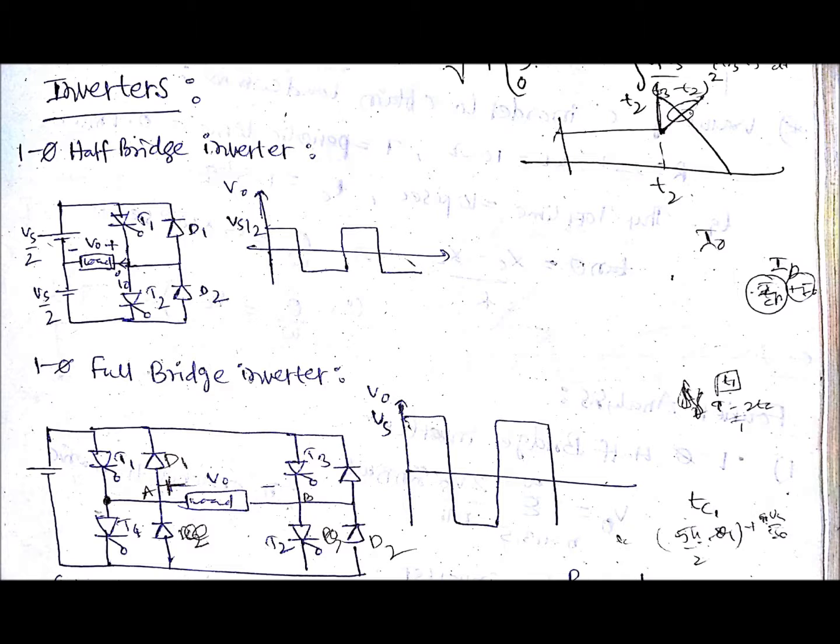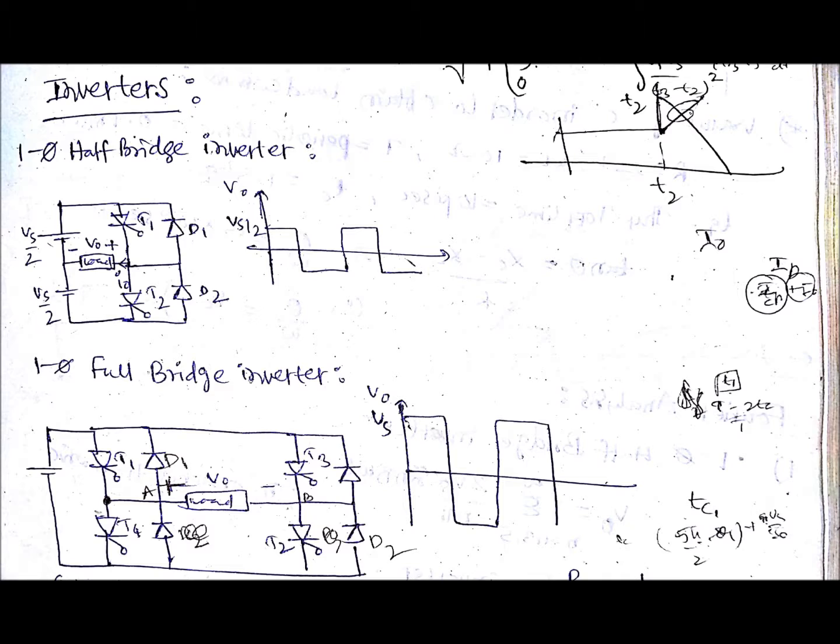So here, as it is half bridge, we use only two thyristors and there will be two diodes in anti-parallel with them. As I said, input is DC and the load is connected as shown in the figure, and here the switches, that is thyristors, have to be switched such that we'll get AC output.